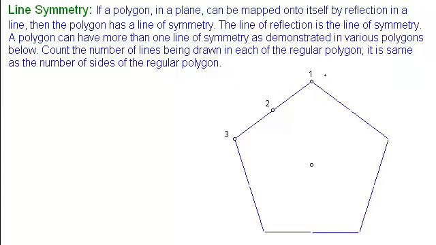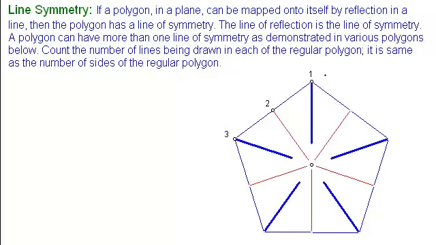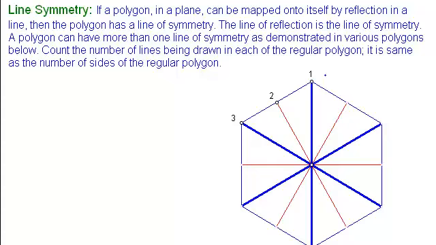So what happens if I have a figure with 5 sides, a pentagon? We are not going to fold it here, but we can count starting from this vertex. This is 1, from this vertex goes 2, this one goes 3, this is 4, this is 5. Likewise, if I have a 6-sided figure, you can count again starting from this vertex, 1, then 2.